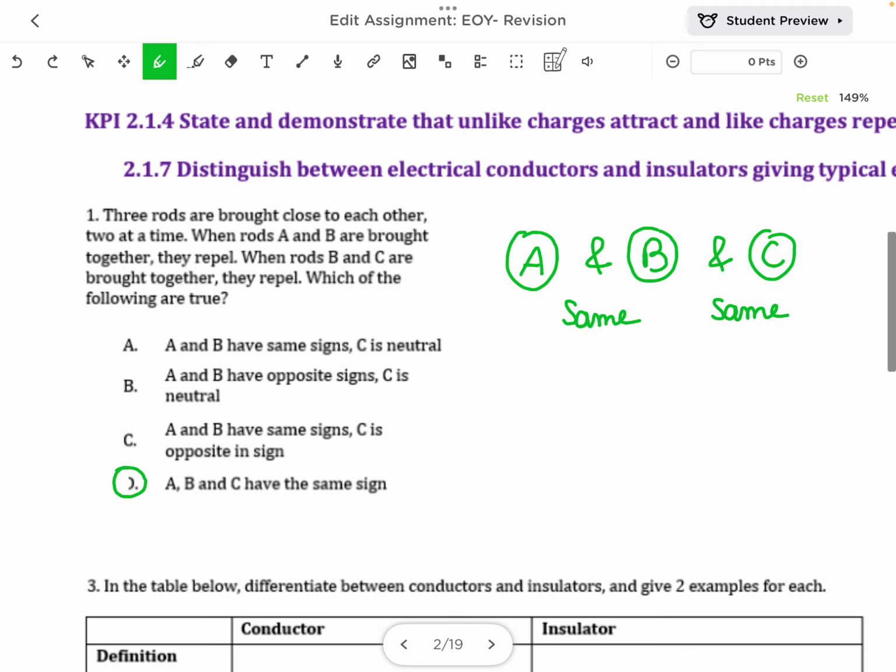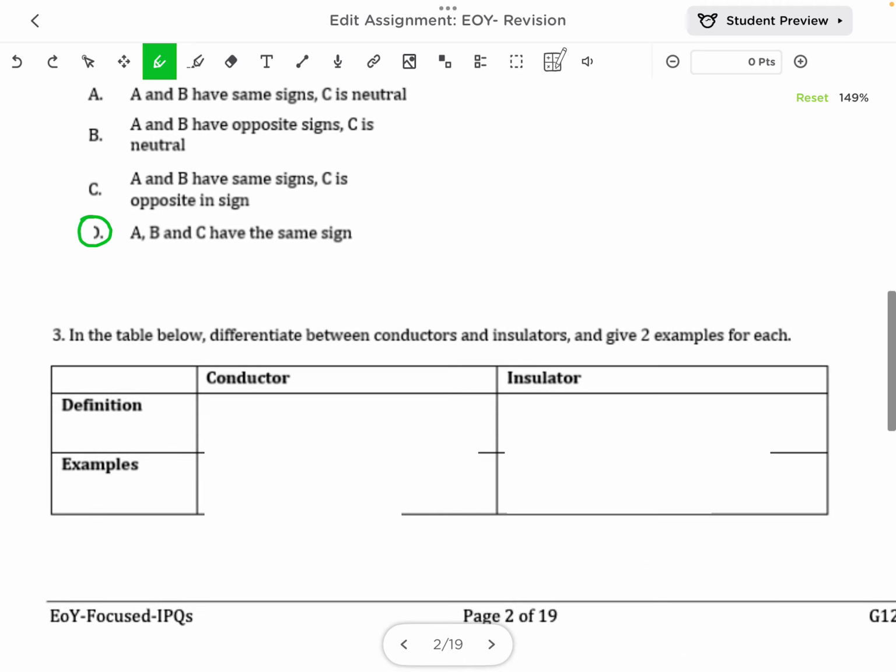In the table below, we need to differentiate between conductors and insulators and give two examples of each.